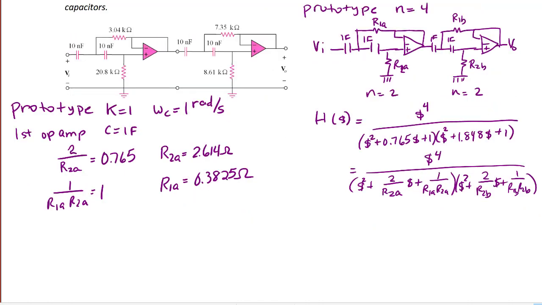For the second op amp, C is equal to 1 farad.